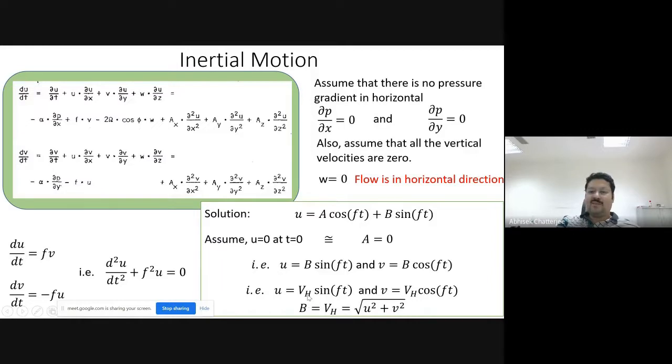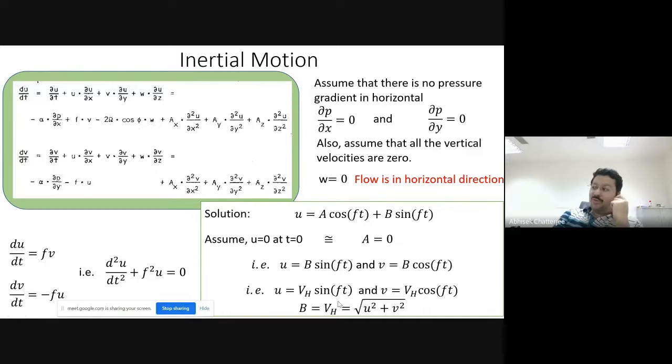Okay. And if you put it here, then you will get u equals vh sine ft and v equals vh cos ft. Okay, so this is my inertial motion. So what it's saying is that the speed of the motion will be vh, and it will have a rotational velocity because you have an angular velocity f.